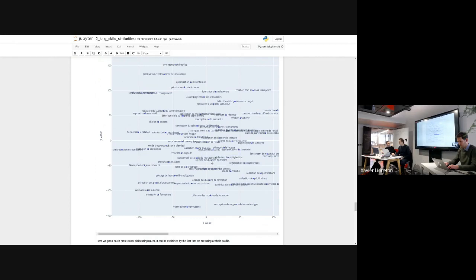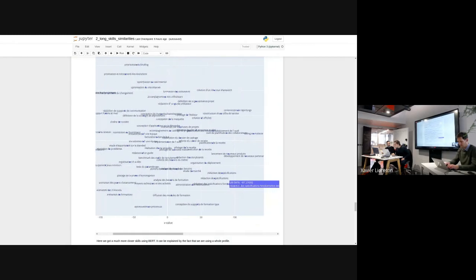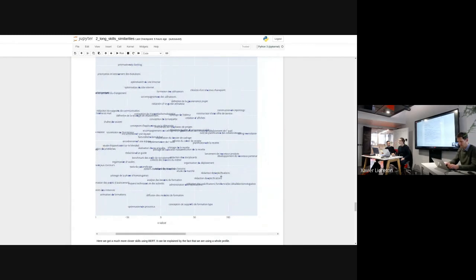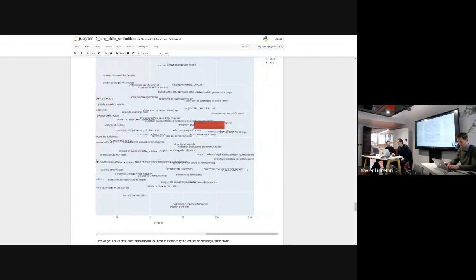If we look at the skills that are next to each other, rédaction de spécification, well, that's the same one, rédaction des spécifications fonctionnelles. These things are quite similar, and they are next to each other in this space. You have the same thing for TF-IDF.